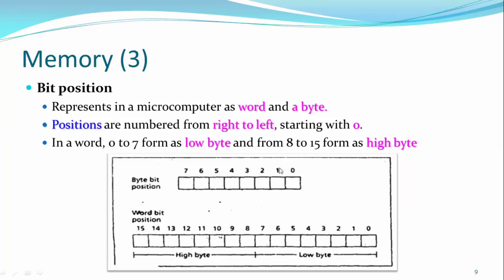How many altogether? 8. So if the microprocessor works with the byte unit, if the data is represented as a byte, then definitely you have to consider bit positions 0 to 7. Is that clear? Yes, sir.